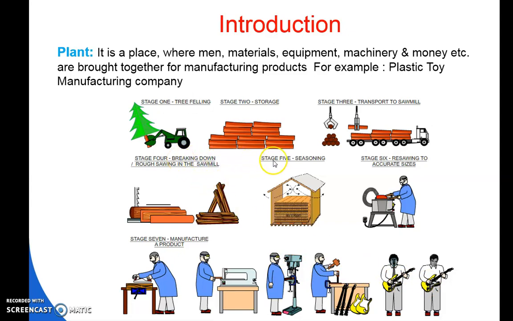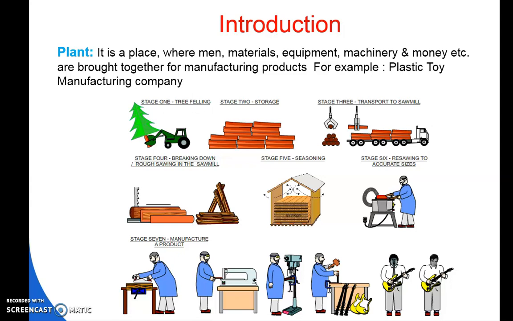The material will be handled by the use of material handling equipment, and that is to be obtained from the vendor and transported to the industry. After that, for manufacturing a product, we have to make machineries available for the processing of raw material into the final product, that is the guitar.